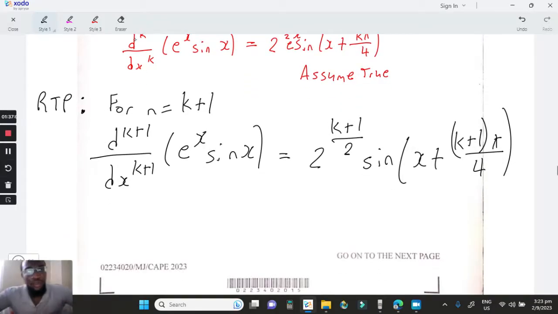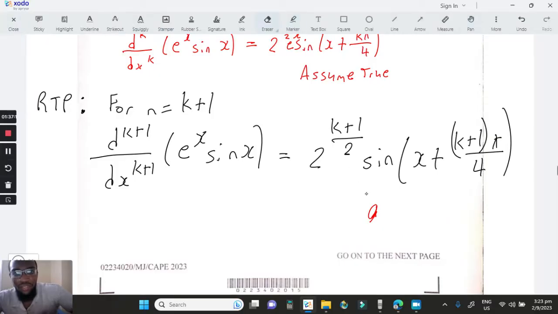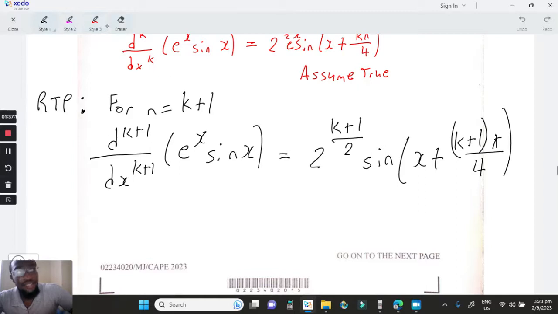Now, this is what you can do. Guys, I'm showing you the tricks and the traits. I'm going to erase this off. This is what we're required to prove. This should be a final answer, but we reach a point and we're like, how are we going to get to that final answer? That's why I like to write required to prove.